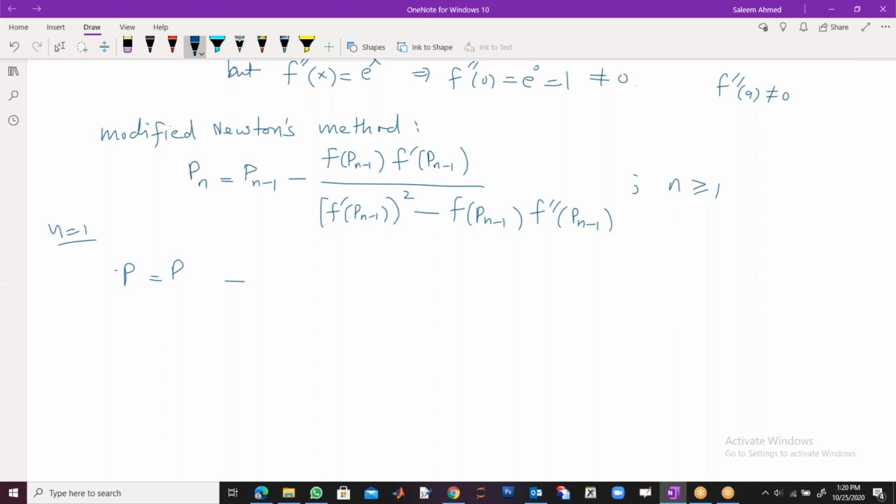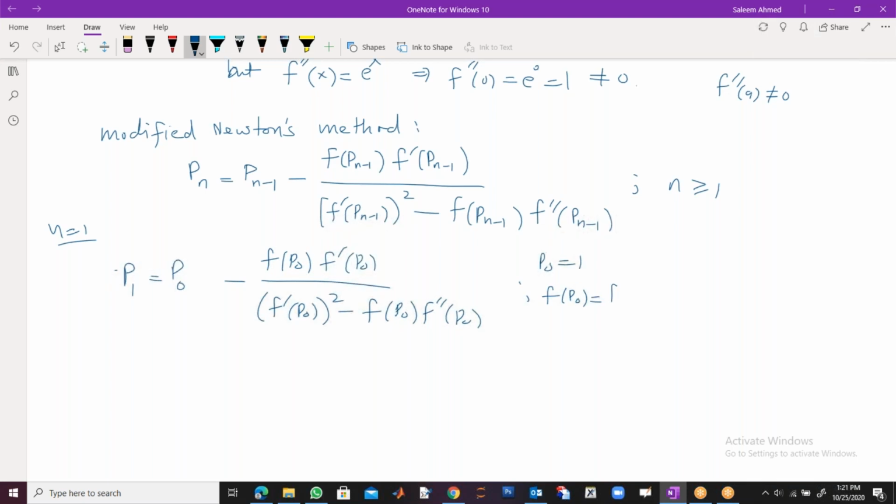For n equal to 1, I will get p1 equals p0 minus f p0 f prime p0, divided by f prime p0 squared minus f p0 f double prime p0, right? You can find all these values. P0 is 1. With p0 equal to 1, f of p0 means f of 1.